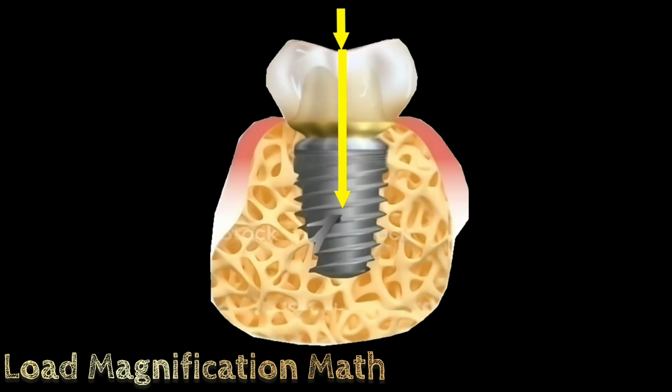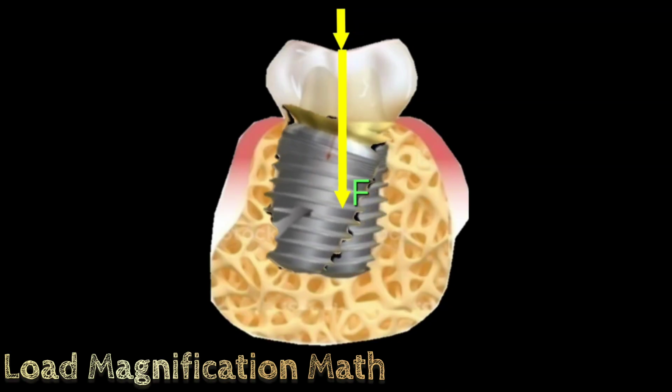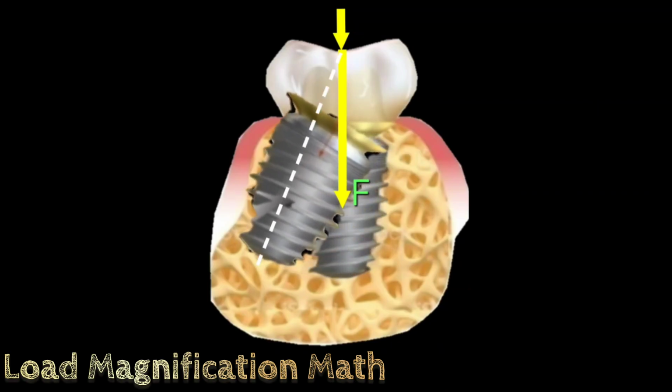Upon changing the implant inclination relative to the applied load by 10 degrees, the overall load on the implant system is magnified. The non-axial load splits into vertical and horizontal components.